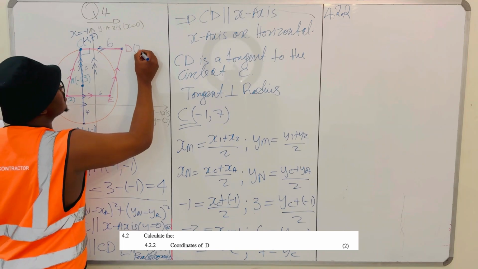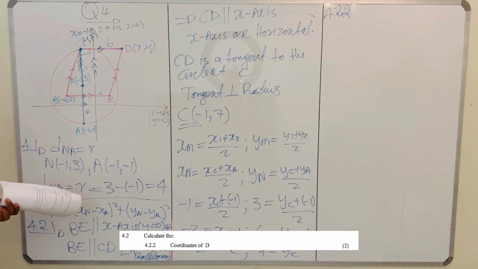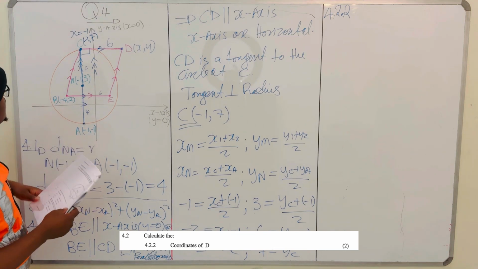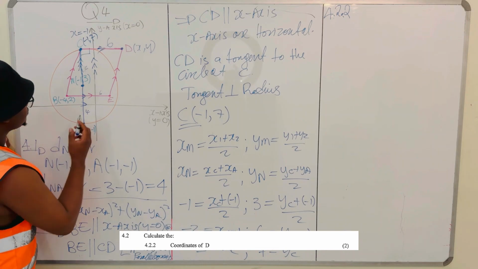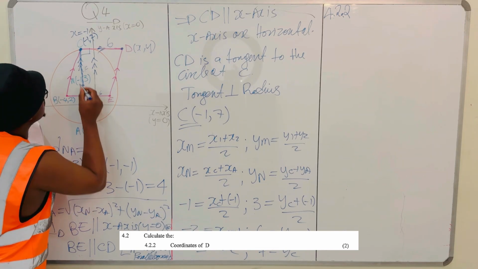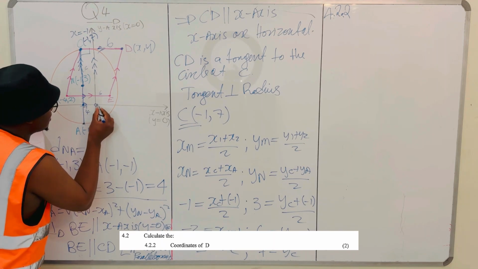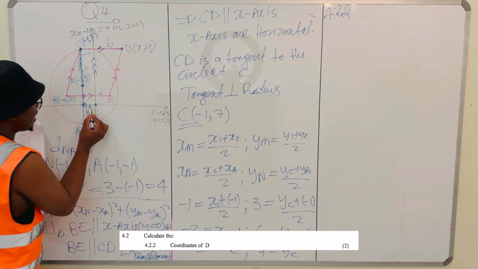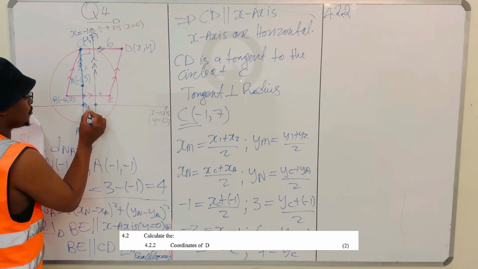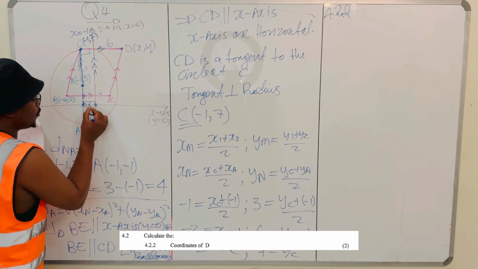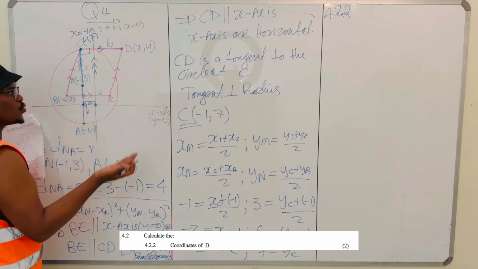So we don't have the x and y coordinates of D. But if this thing is horizontal, for example here, we know that the x coordinate remains unchanged. It's -1 here. And here, this is the origin, 0. The distance from here to here is easy, it's 1 unit. Because from here to here, it's just 1 unit.